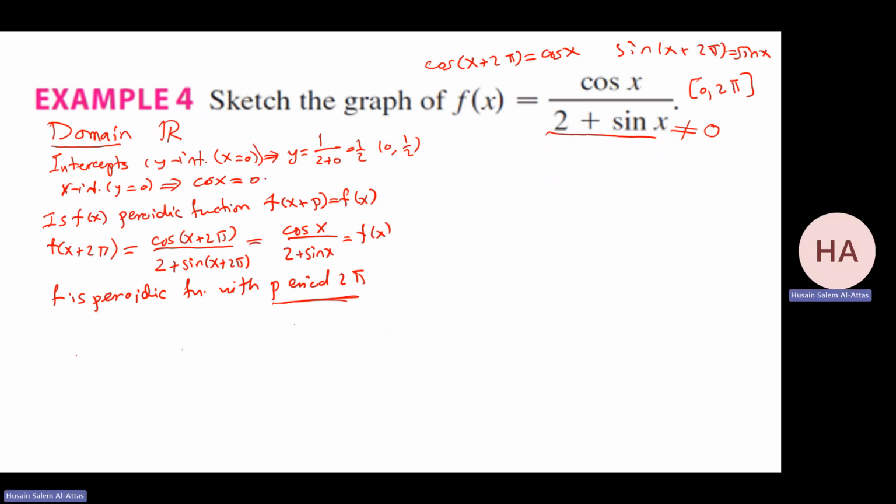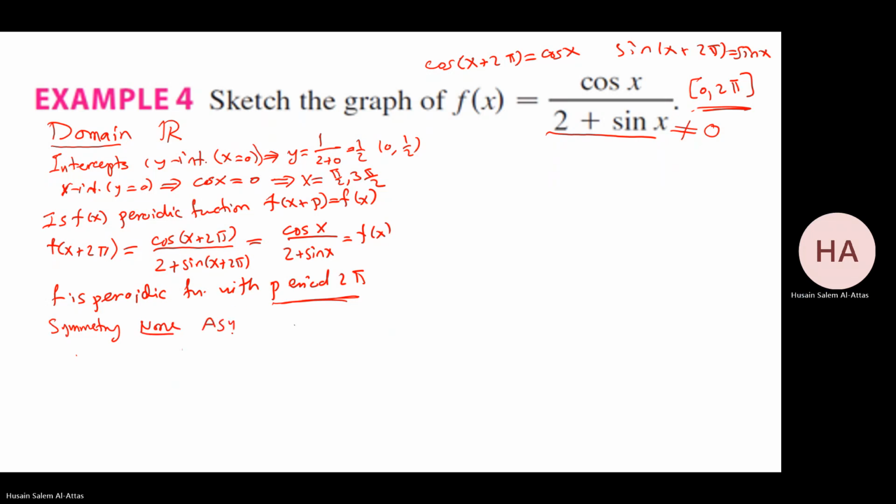So that means here, when cosine x equals 0, I know x equals pi over 2 and 3 pi over 2. I will work only between 0 and 2 pi, or otherwise I have infinitely many points. Okay. Symmetry, none.